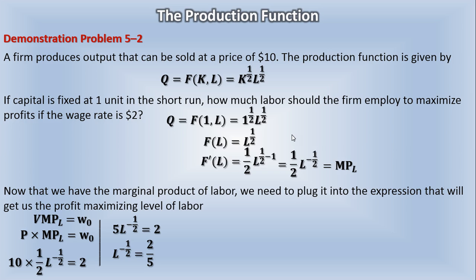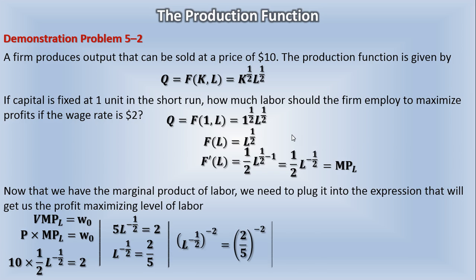Remember, when you have some number, in this case L, raised to some power, in order to multiply that power by something, you need to raise the whole thing to some other power, right? So what do we need to multiply this by to get 1? Not just 2, negative 2, exactly. So we need to raise this to the power of negative 2. That means we need to raise both sides to the power of negative 2.